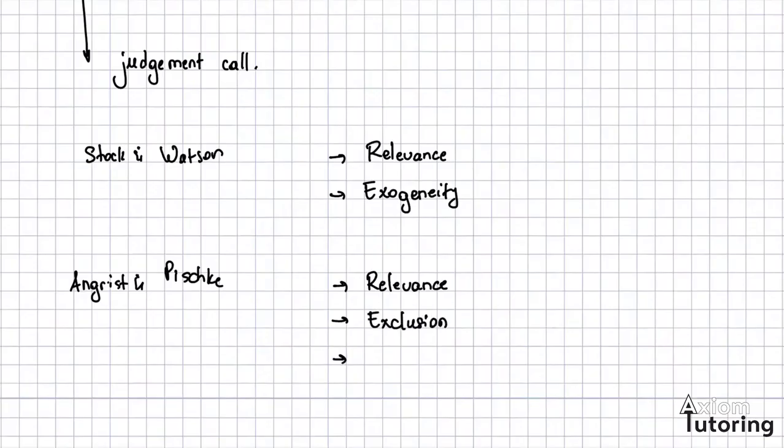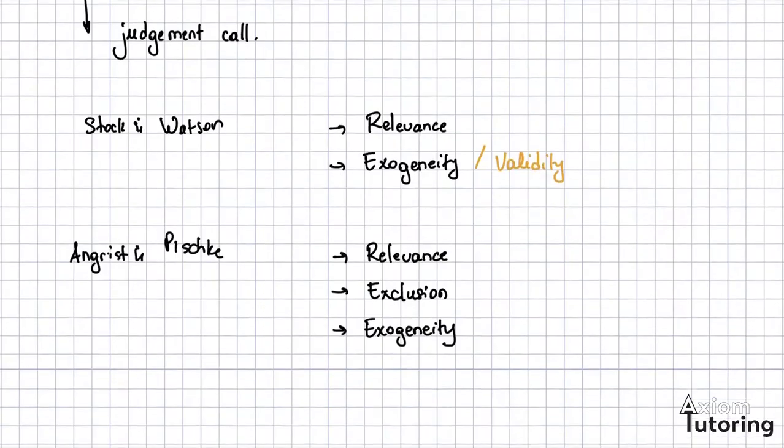And there is also the exogeneity. The exogeneity, at times in some other books, like the Greene book, is also called the validity condition. And sometimes instead, in the three-condition framework, it's the exclusion restriction that is called the validity condition.